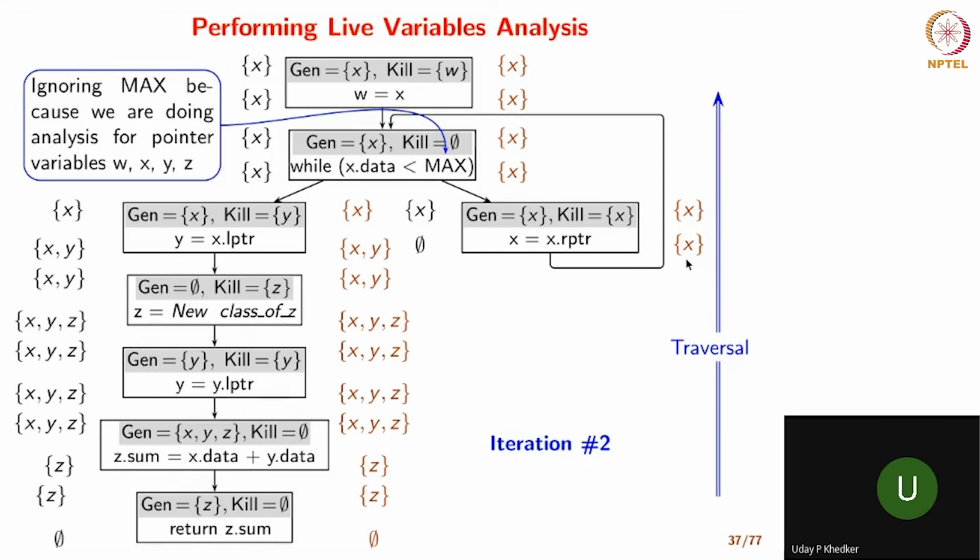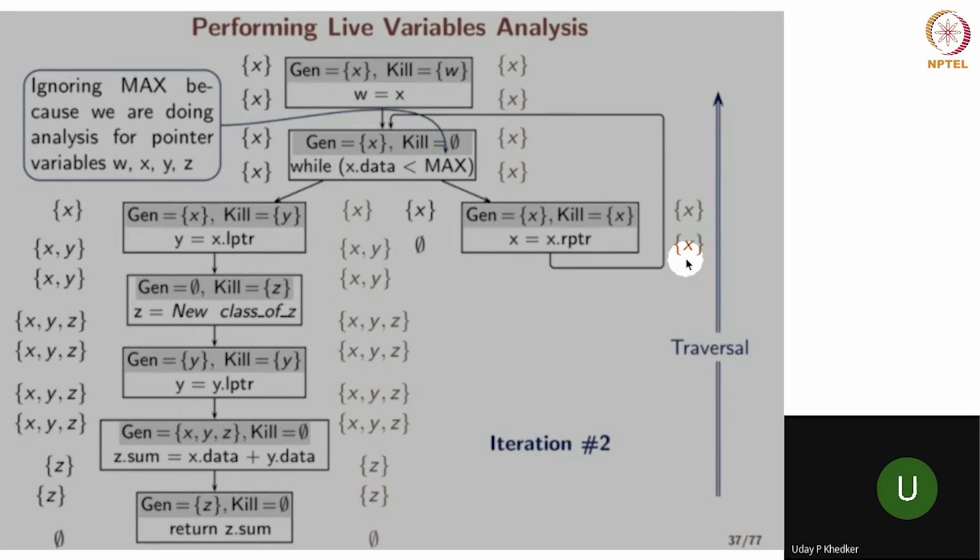And now if we get X as live here, and we were to recompute the values again and again, there will be no change. So we have converged on a solution. Technically, this is called a fixed point solution. If you have done enough mathematics, you will know what is the fixed point of a function.